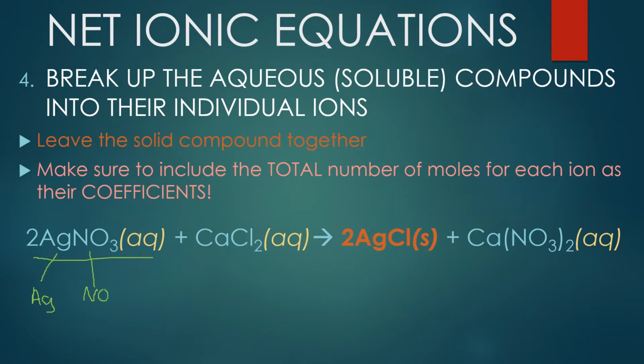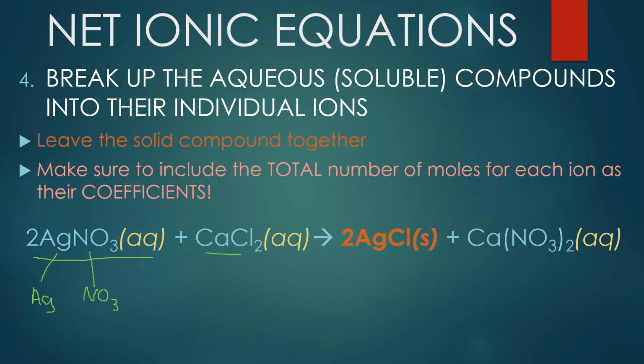Why didn't I separate the nitrate into individual nitrogen and oxygen atoms? Because we're not dealing with atoms at this level, we're dealing with ions. Nitrate is the ion that is going into this solution, so we keep nitrate together, but we separate it away from the silver.